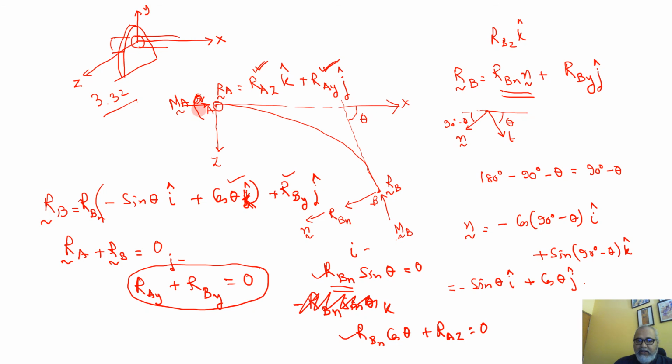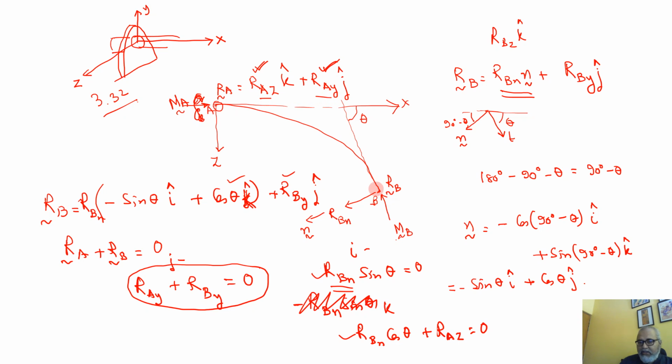But this is not there because it's a frictionless bearing. Therefore, the only motions that are restricted are Y and Z. The shaft can move in the X direction freely, so there's no reaction force in the X direction, and there's force only in the Y and Z directions. That's why we have taken it in this manner.